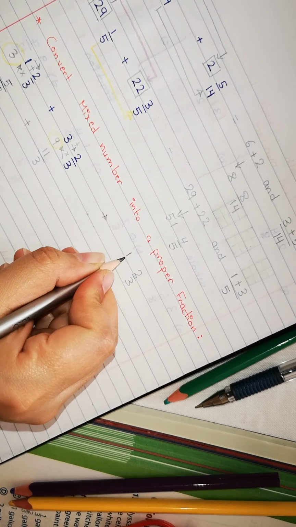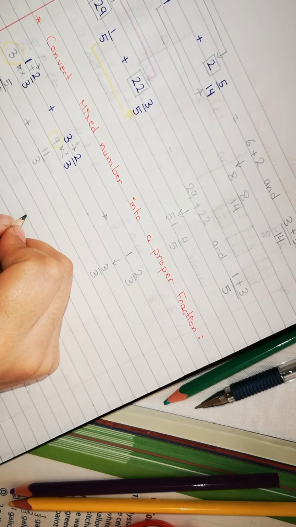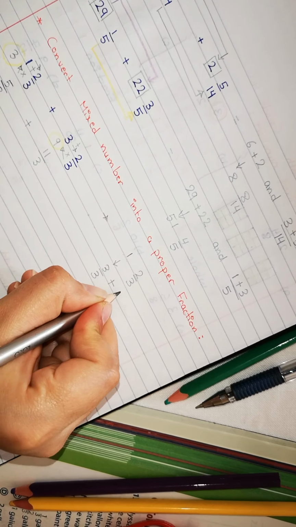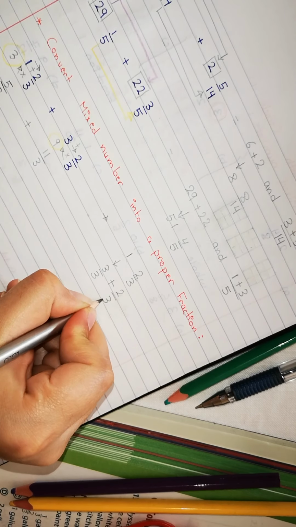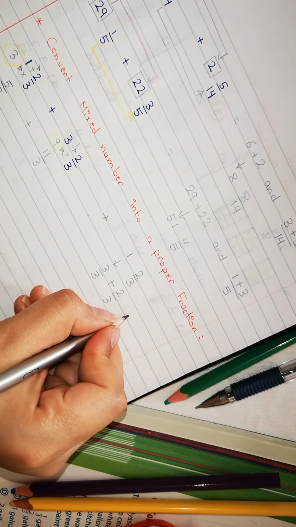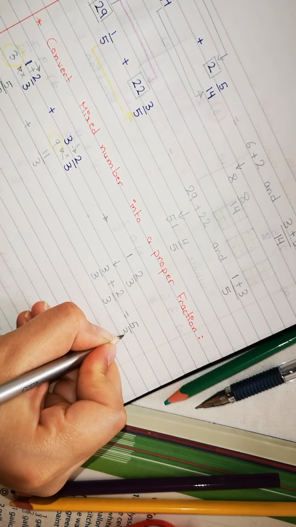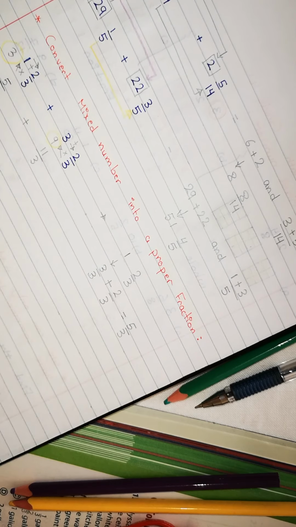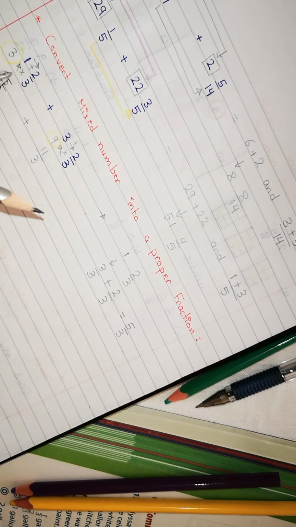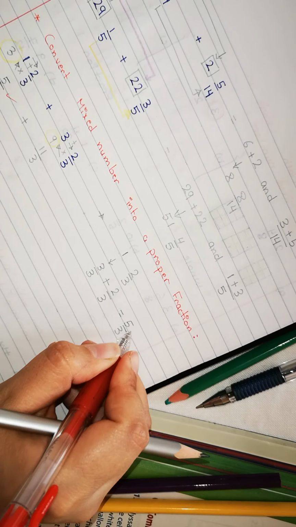Why 3 over 3? Because it is a whole made up of 3 parts according to our denominator, plus 2 over 3. We have the same denominator with 2 fractions. Can we add them? Yes, we can. 3 plus 2 equals 5 over 3. Isn't this 5 over 3 the same result of multiplying 3 times 1 plus 2?